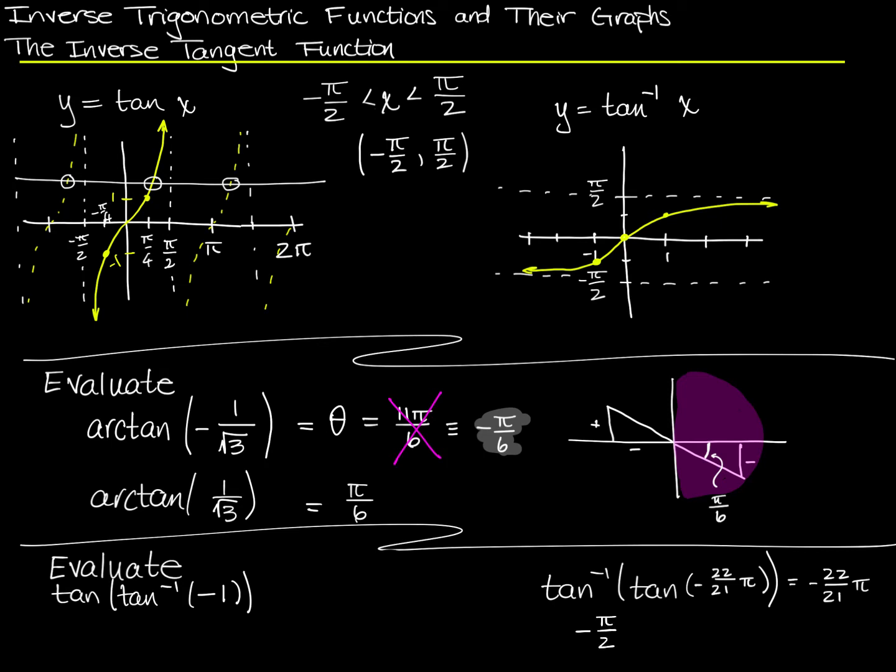Negative pi over 2 is less than negative 22 over 21 pi, which is less than positive pi over 2. This is what I want to be true.